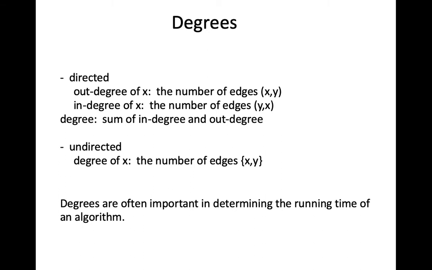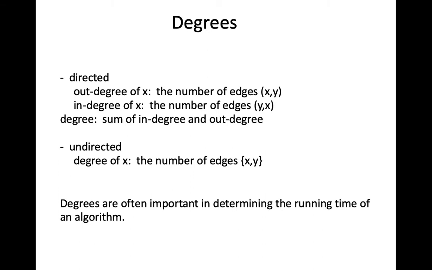If the graph is directed, we define the degree in a different way than if the graph is undirected. The degree of a node represents how many edges are incident to that node. But again, we have a different definition for a directed graph versus an undirected graph.